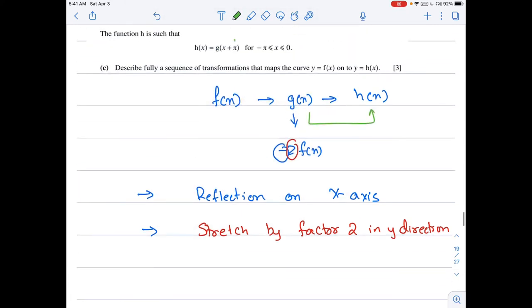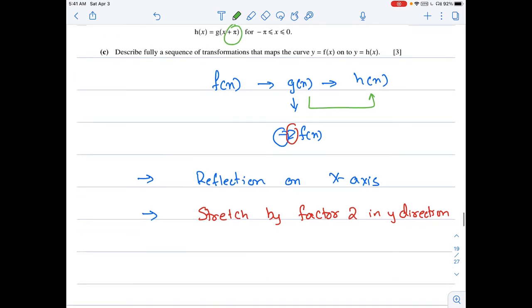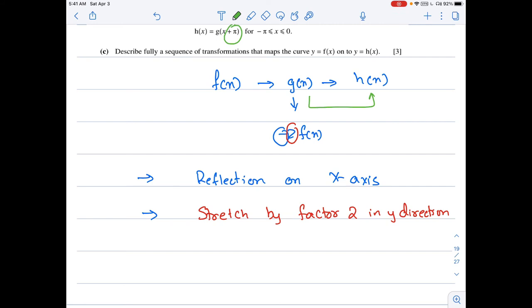If you see, it is plus pi. Plus pi means it should be minus pi. Whatever is inside the bracket, you should do the opposite operation. So the third one is translation by minus pi in the x direction.